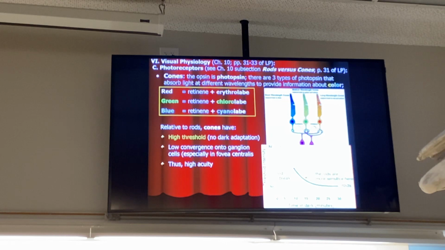In the fovea, you guys remember fovea centralis? In the retina? In the fovea centralis, there is 0 convergence, which means 1 to 1 to 1.